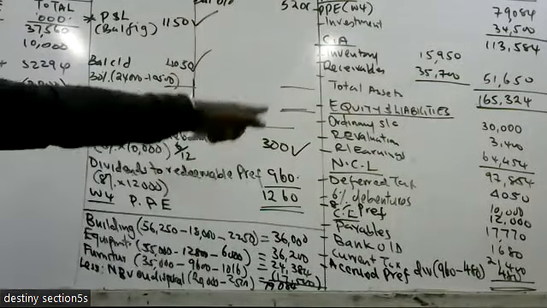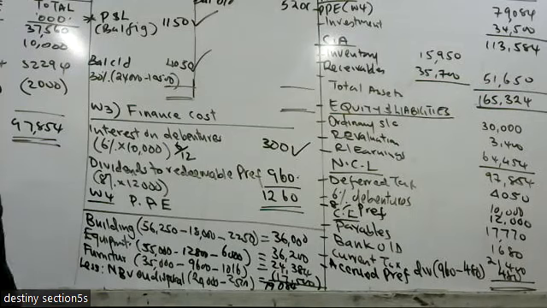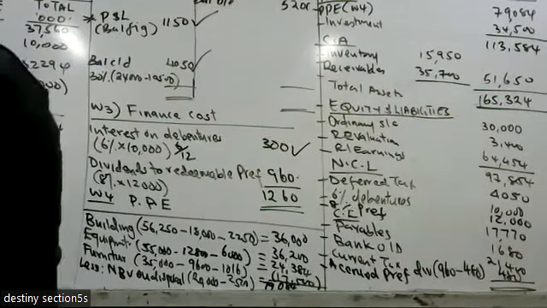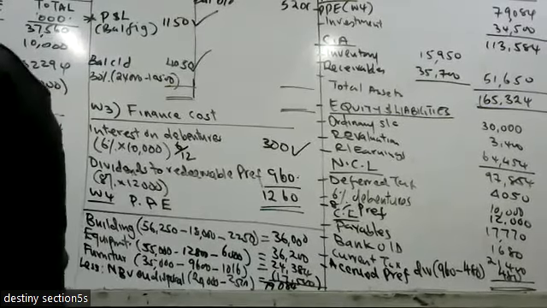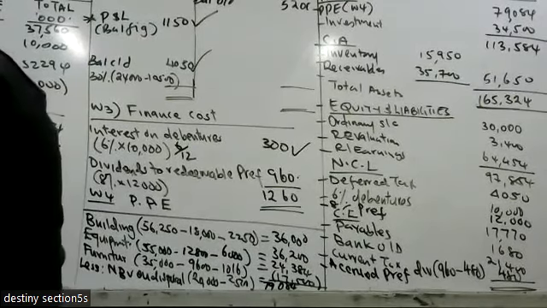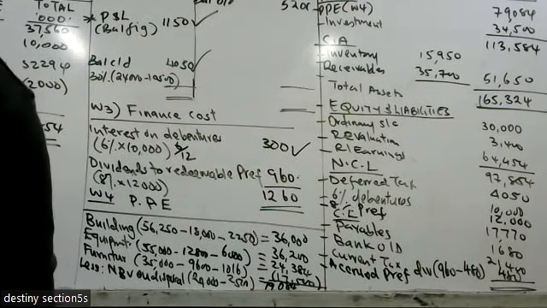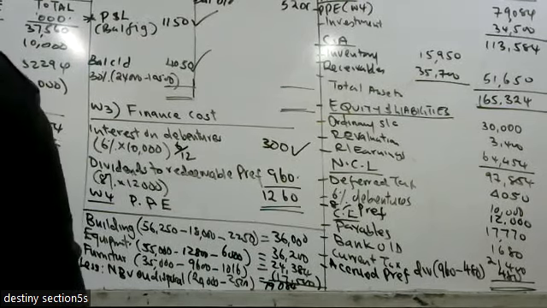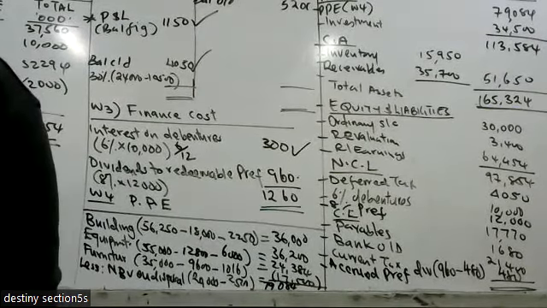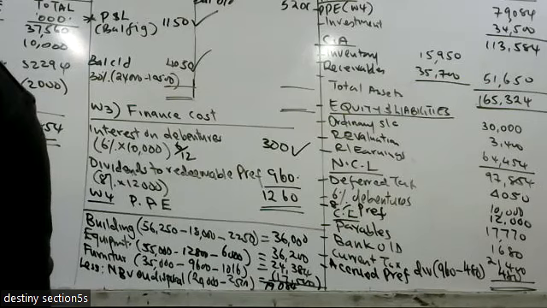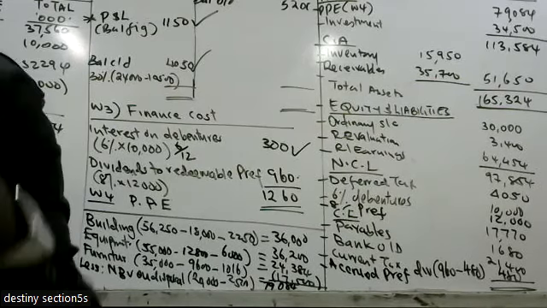Total equity and liabilities, will it be 165,324? Well, now you add. Are you okay now? You're sure? Is it now okay?